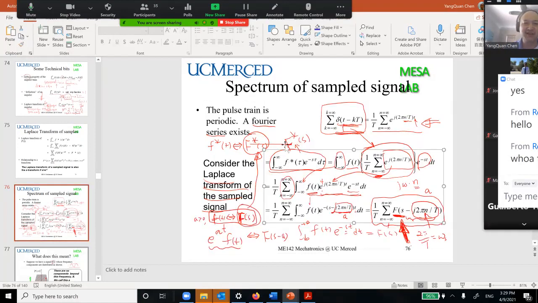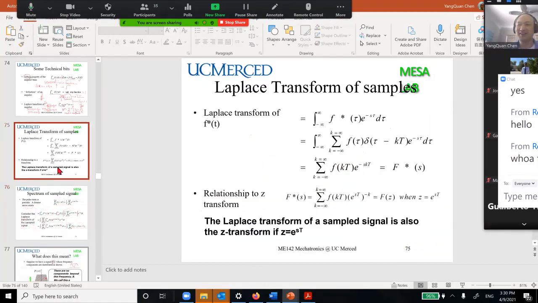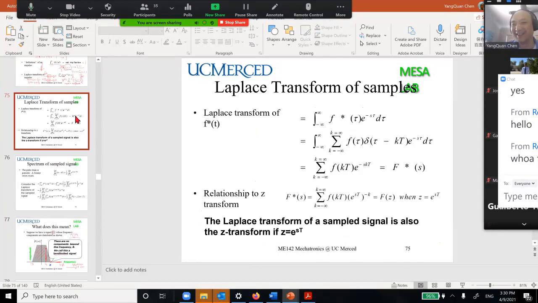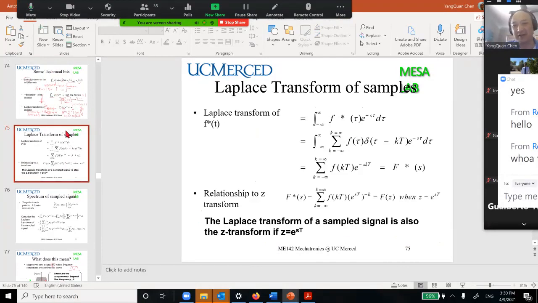Okay, these next three slides are very important for today. You may feel these are all math, but you should feel proud of yourself that you can explain them in the future.